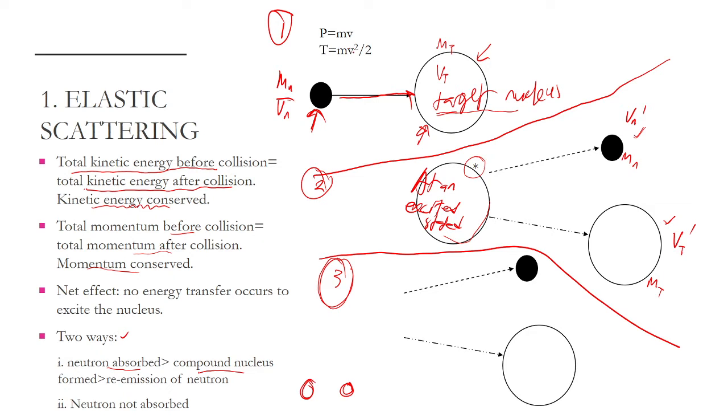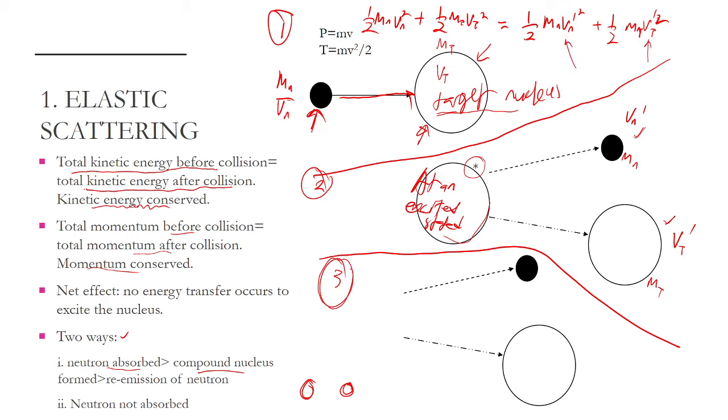In mathematical equation, 1 over 2 mn vn square plus 1 over 2 mt vt square, this is the total kinetic energy before the collision, and it is equal to 1 over 2 mn vn dash square plus 1 over 2 mt vt dash square.